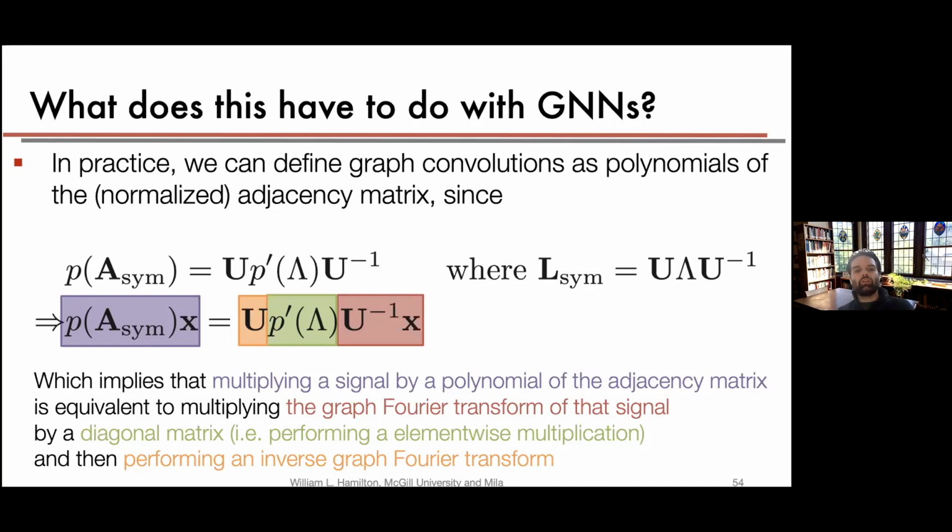When we multiply by a polynomial of the adjacency matrix, we're taking the signal at each node, and every node is getting a new representation, which is some function of the signals in its local neighborhood. If we're using a low order polynomial, we're emphasizing just looking at information in this node's local neighborhood. If we take a higher order polynomial, that means we're gathering information from further and further reaches of the graph. So you can think of the spatial view here as aggregating information from local neighborhoods, but really this is a precise mathematical graph convolution.